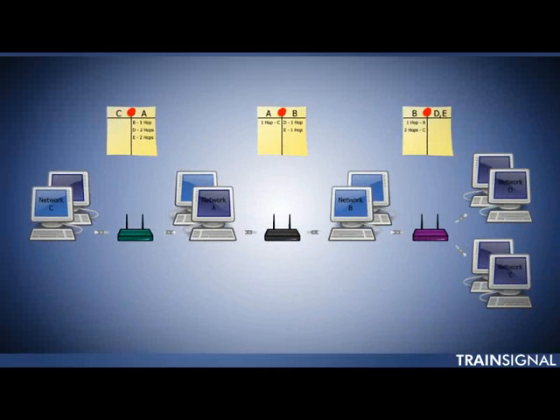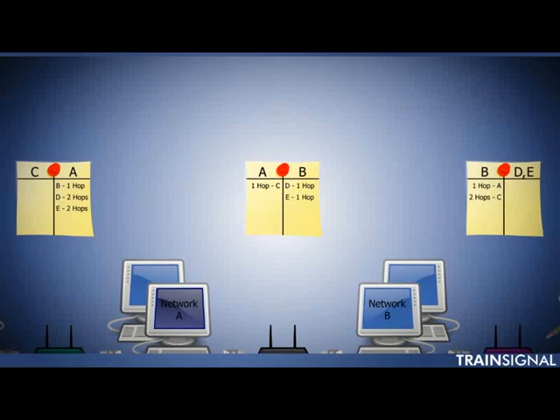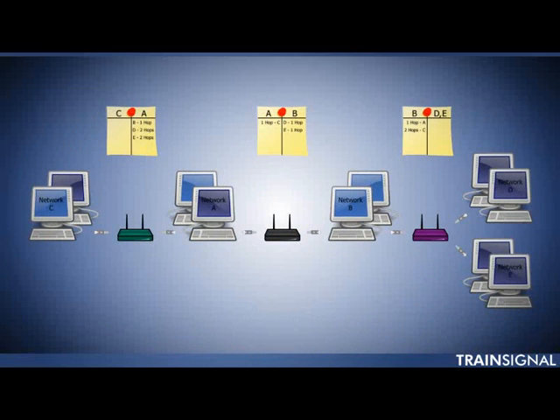And now all 3 routers are completely aware of all 5 networks, right? So if we look at any one of these 3 routers' routing tables, we will see the letters A, B, C, D, and E. So in other words, there will either be a network that router is specifically connected to, which would be these entries up here, or we'll know exactly where to send the packets off to and what network it needs to be sent out on in order to get there.